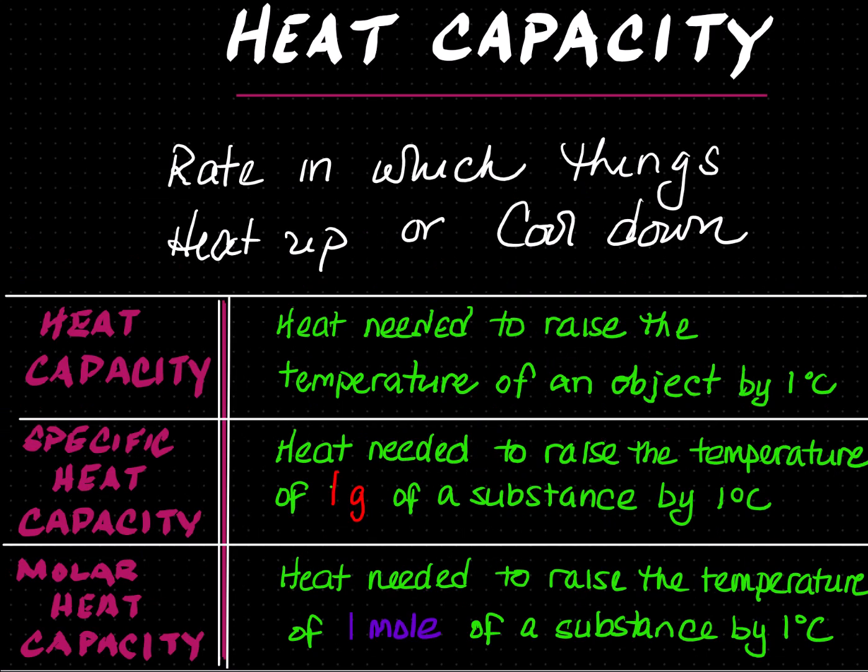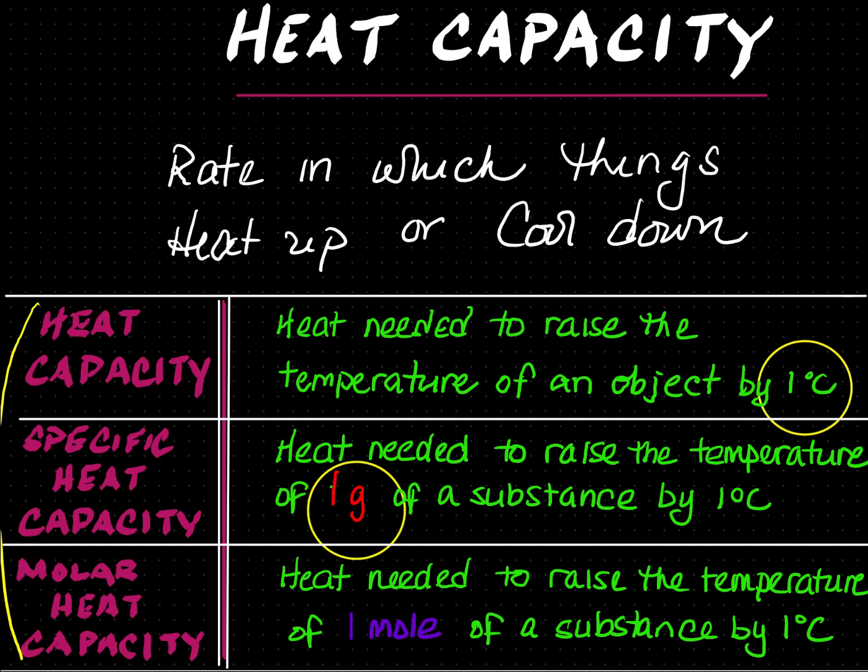Heat capacity determines the rate at which things heat up or cool down. These three pretty much mean the same thing except for one difference in each. Heat capacity is the heat needed to raise the temperature of an object 1 degree Celsius. Specific heat capacity is exactly the same thing, but there's a change in 1 gram of substance.